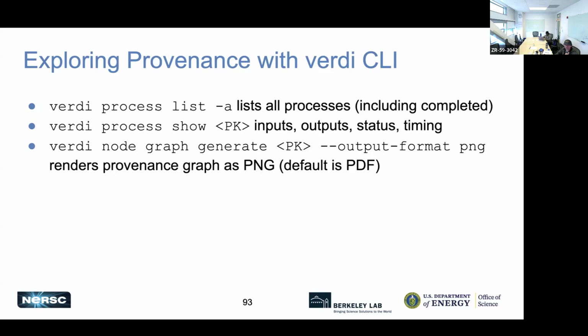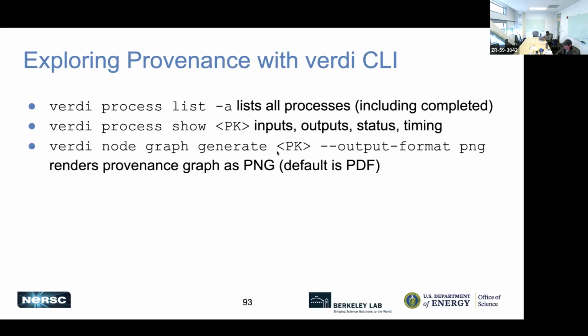This node graph generate piece, that is a visualization. So that is going to give you a file. The default is PDF, but I changed it to PNG because that's easier to open up in like JupyterHub or something like that. So you're actually now able to draw images of the graph structure of the history of running your pipeline.